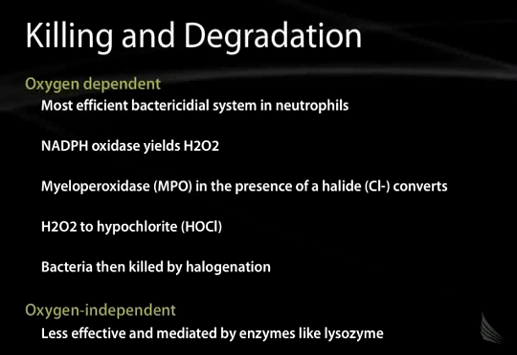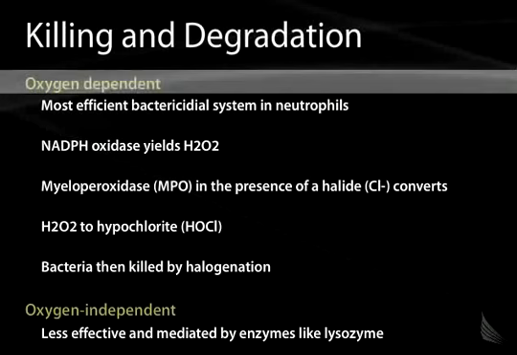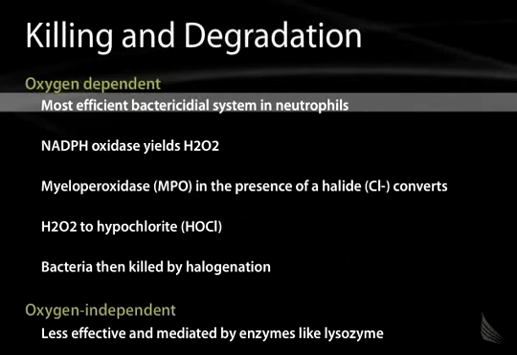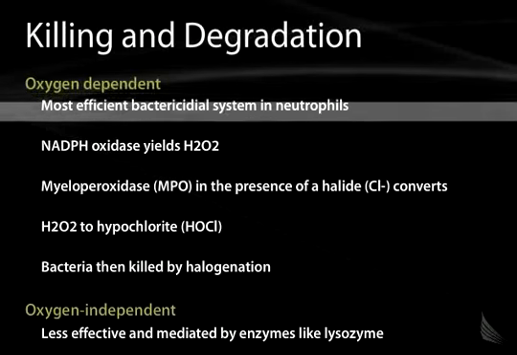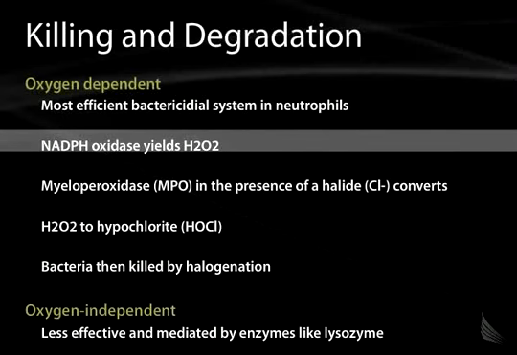There are two types of killing: oxygen-dependent and oxygen-independent killing and degradation. The oxygen-dependent is the most efficient system, especially for killing bacteria. In this case, there's an NADPH oxidase that produces free radicals. It produces peroxides.